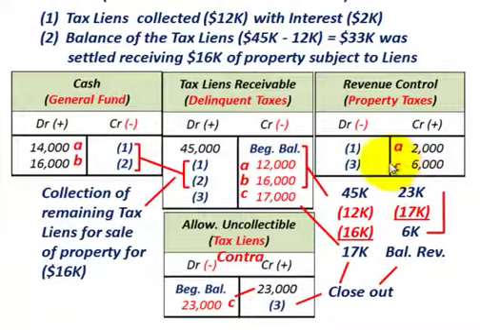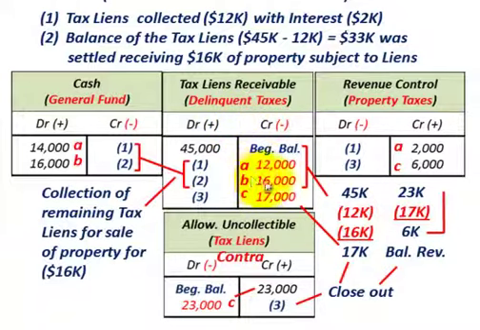Okay, so that's how we would work with a tax liens receivable and an allowance for the uncollectible tax liens when we have to close it out, based on the fact that we're making a settlement on some tax liens. Well, we had $33,000 in our balance on tax liens, and we settled it for $16,000 on property we received, and that $16,000 was the cash receipts on those properties.